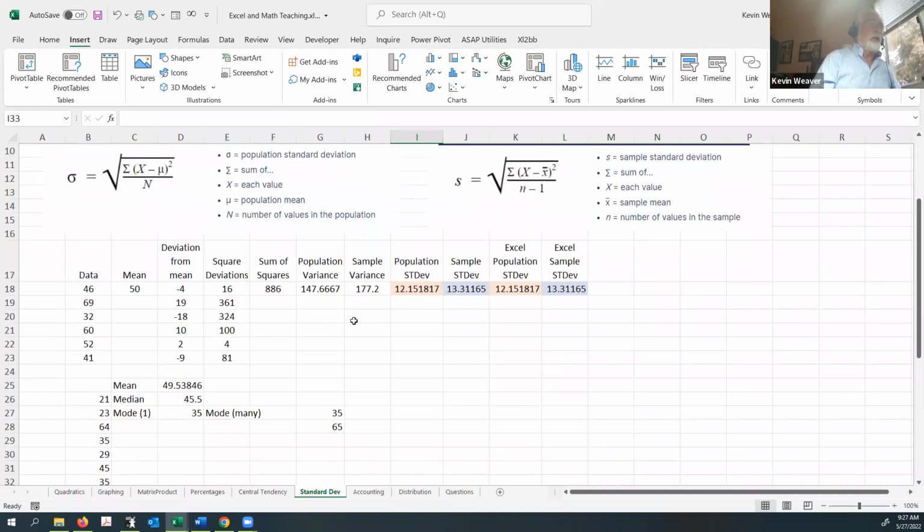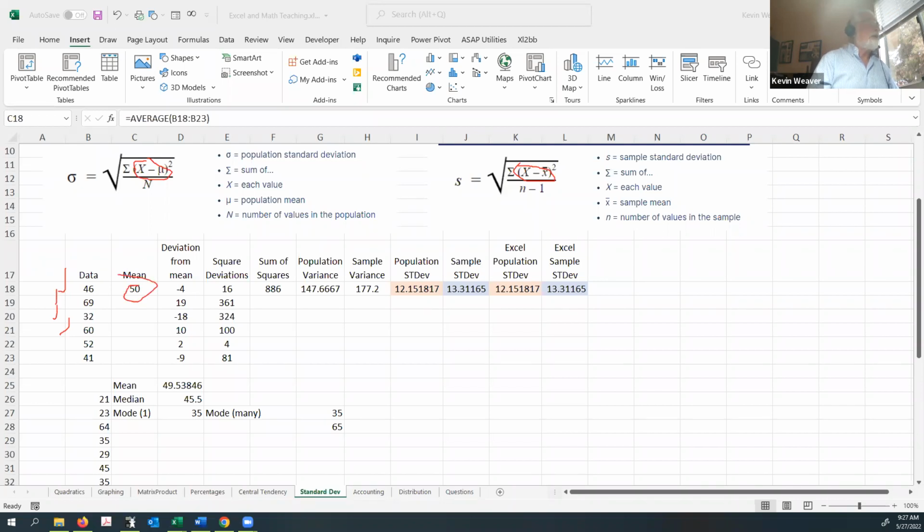And in this particular case, in my first example, I've used a very simple block of data. The mean is the average of that block. But then we calculate the deviation from the mean. So the deviation from the mean is going to be each of the data values minus the mean.